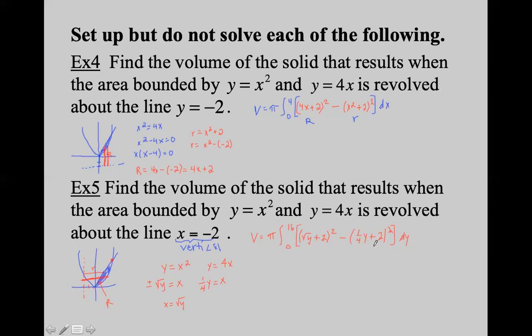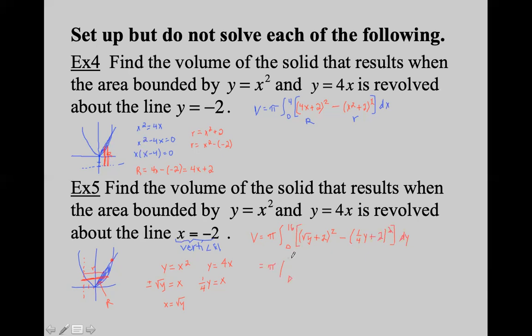All right, double check here. Pi, 0 to 16. Yep. One thing you should notice is that I have these inside the same parentheses. You will also get credit if you split these integrals. Same thing.